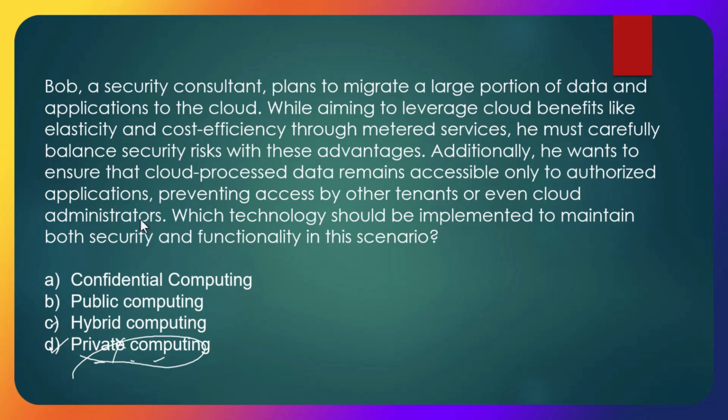Hybrid: nobody is talking in the question about two forms of the cloud or anything like that. So this is wrong. Yes, absolutely, the answer is public cloud. I can go for public cloud, but the question is talking about technology. We know public cloud, but in the public cloud there are a lot of risks. But the question is talking about what technology. So this is wrong.